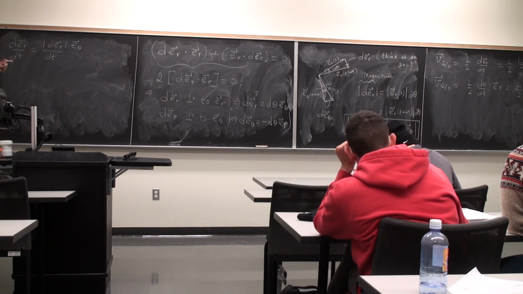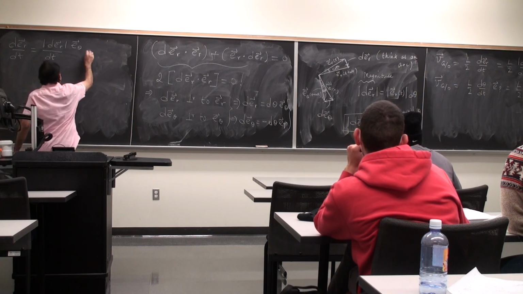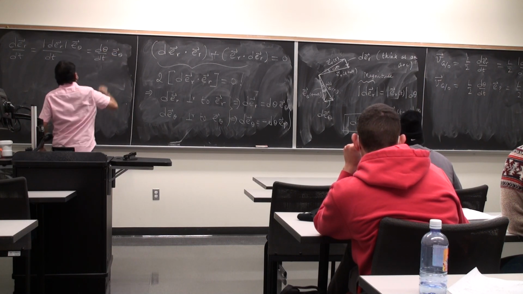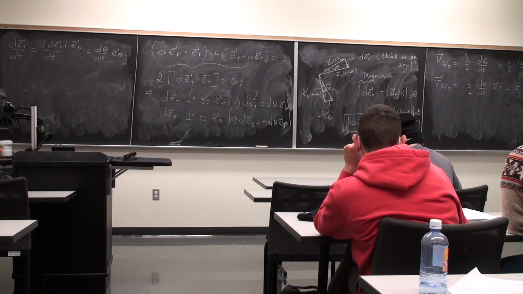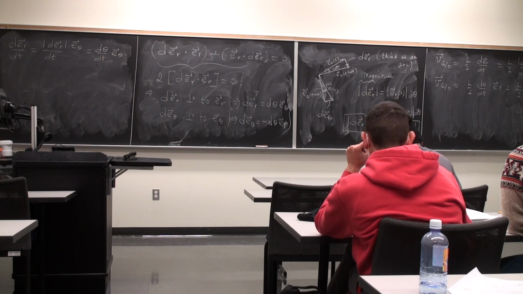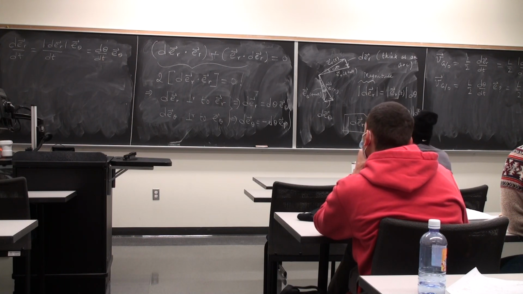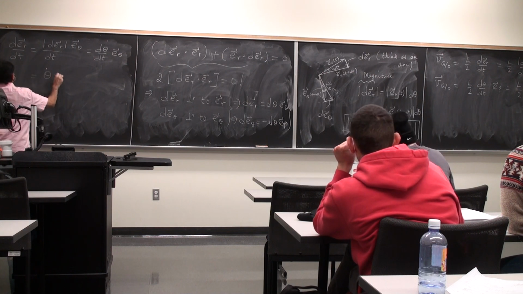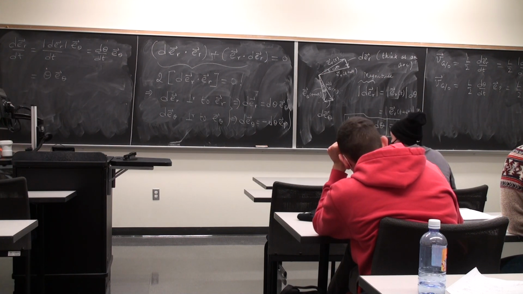Magnitude of d er is d theta. d theta by dt is theta dot. Okay, so we're going to call it theta dot, which is now theta dot e theta.